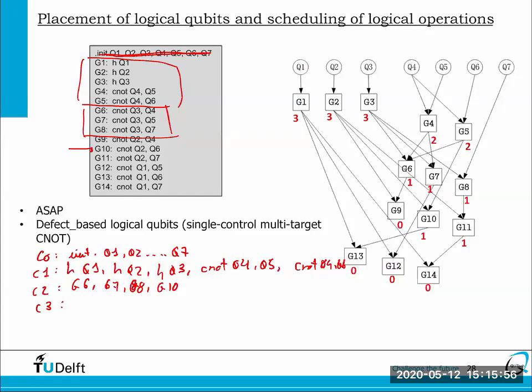Cycle 3: 9, 11, 12, and 13. Let me double check.